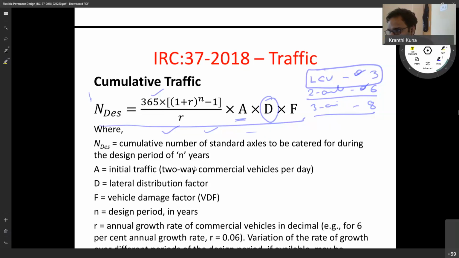Obviously, if it is a divided carriageway with a median, you can have different designs. But you have to provide a drainage path from one side to the other. Those are practical things that you have to consider.